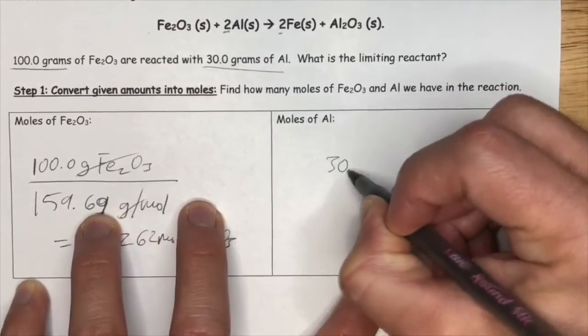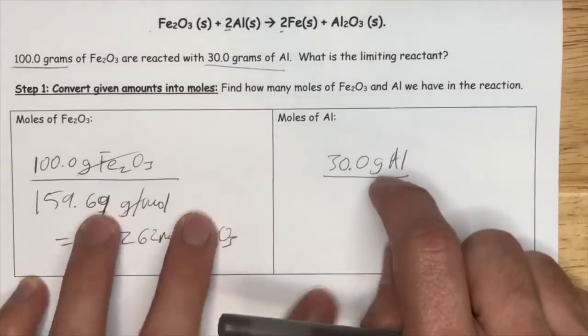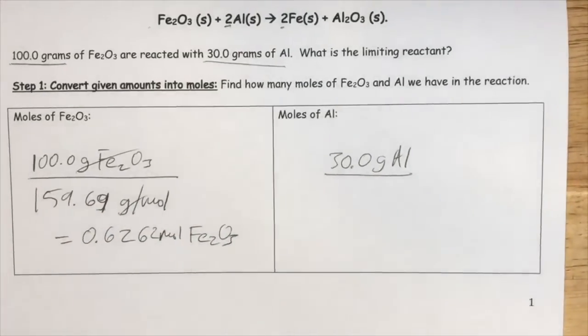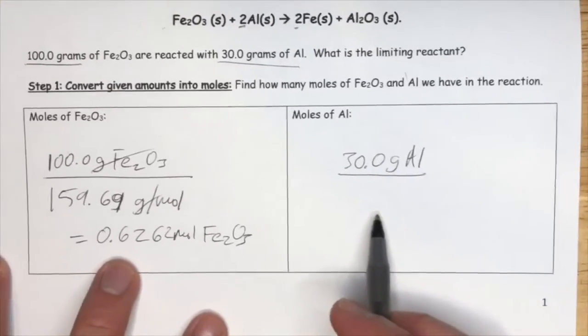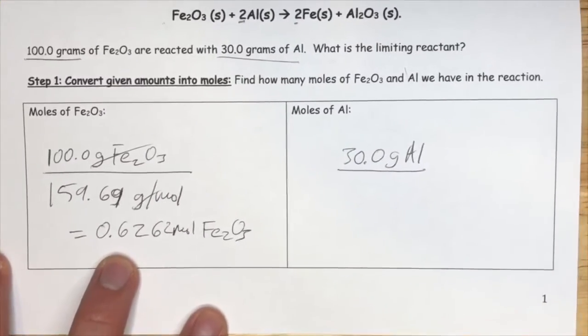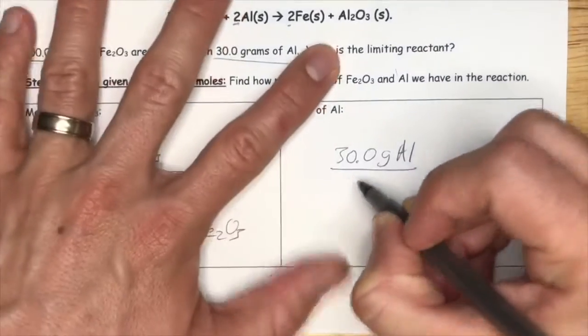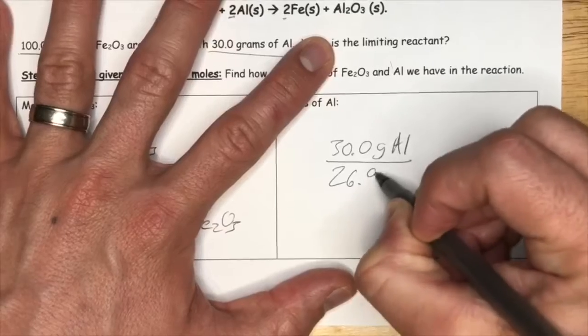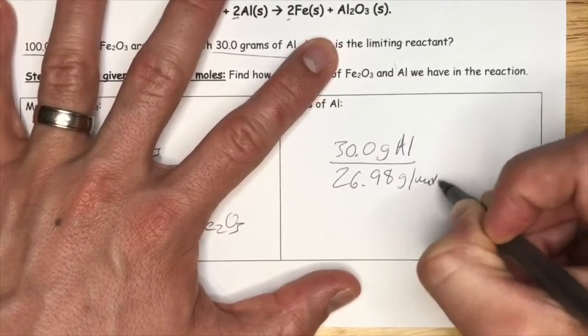Same thing for Al. 30. The molar mass for this is pretty easy. All you gotta do is find it on the periodic table. So, go to your periodic table app, find aluminum, and find the molar mass of that. You would get 26.98 grams per mole of aluminum, and we'll divide this out.